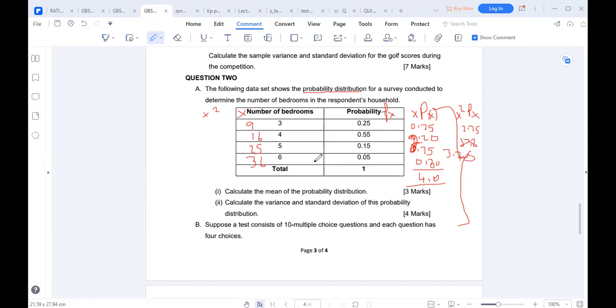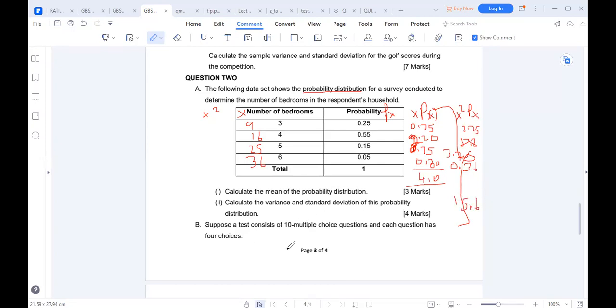Then 36 times 0.05, 0.36. The total was what? 15.6.